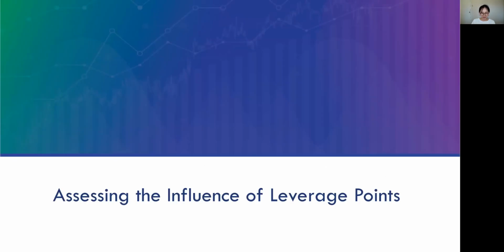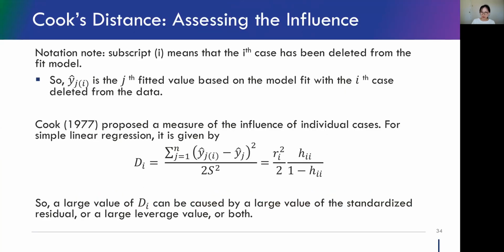Well, another concept for assessing the influence of a leverage point is called Cook's distance. Before I talk about the definition of Cook's distance, pay attention that this bracket with this subscript i means that the i-th case has been deleted from the fit model.